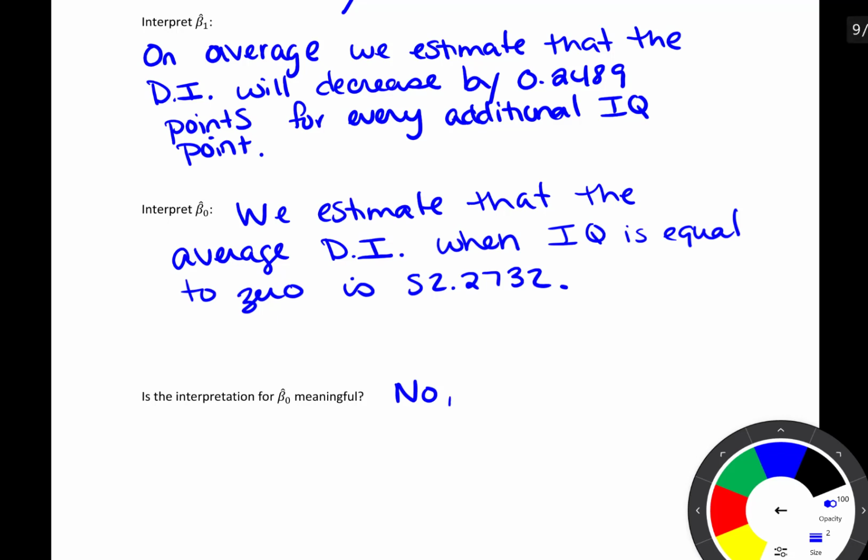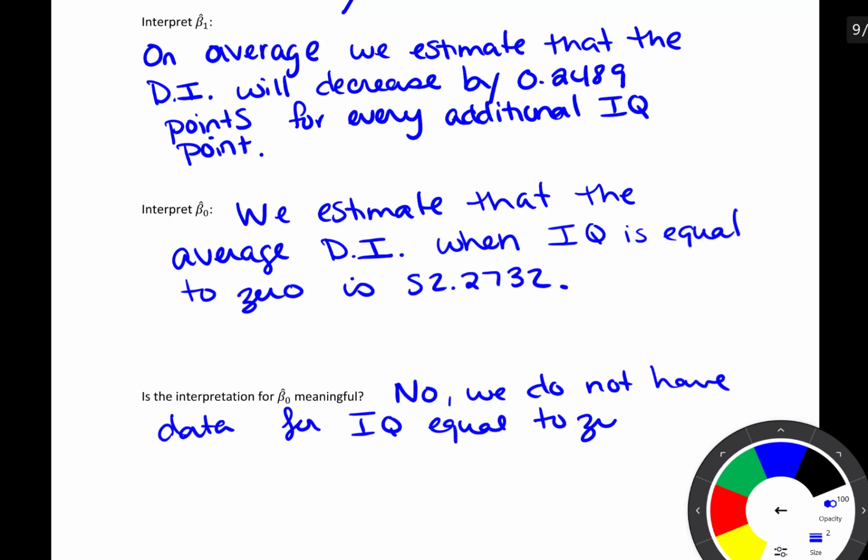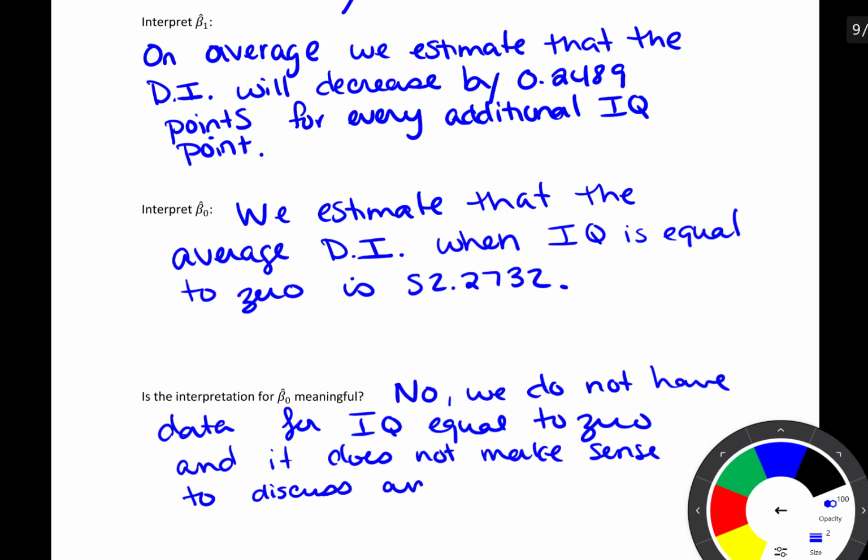The first one is that we do not have data for IQ equal to 0, and it does not make sense to discuss an IQ of 0.